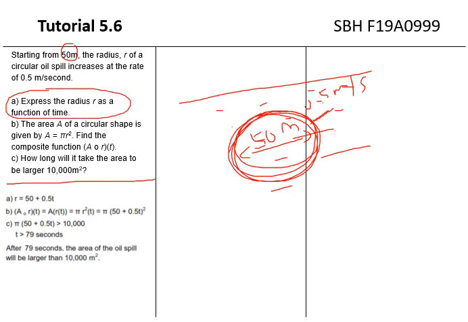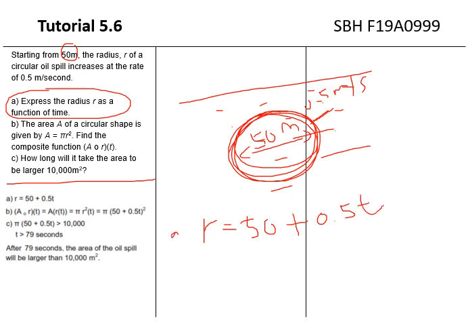Now we want to express the radius r as a function of time. The radius is expressed in terms of time. It starts from 50 meters, and the rate of increment is 0.5 meter a second times t.